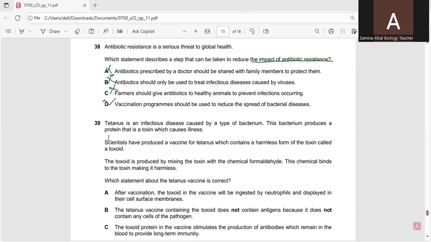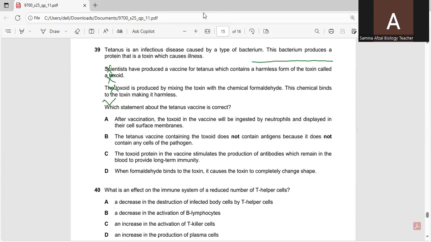Now question number 39. Tetanus is an infectious disease caused by a type of bacterium. This bacterium produces a protein, a toxin, which causes illness. Scientists have produced a vaccine for tetanus which contains a harmless form of the toxin called a toxoid.